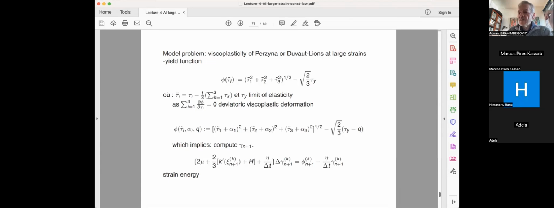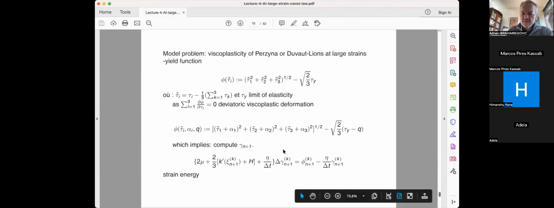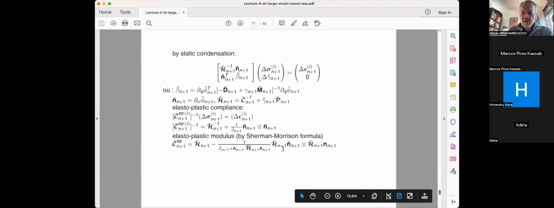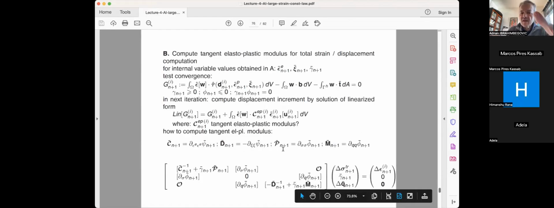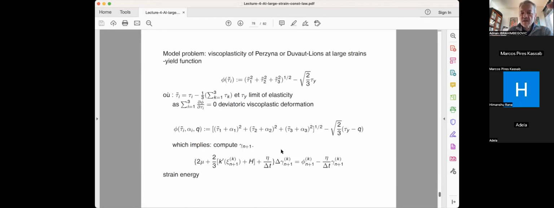I then compare this not against the constant value, square root of 2/3 of tau y, but against square root of 2/3 of (tau y minus q), where q is the work conjugate variable to the isotropic hardening variable psi. This can be computed in pretty much the same way as I expressed here, one after another. Only I will have more of these variables. I have to include the alphas and so on and so forth.